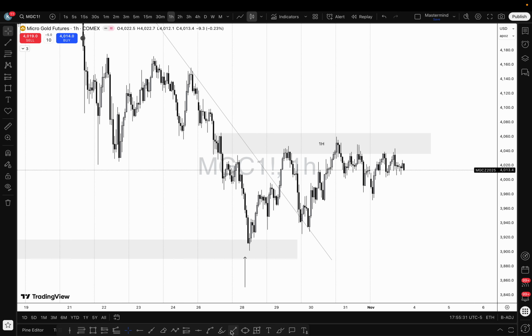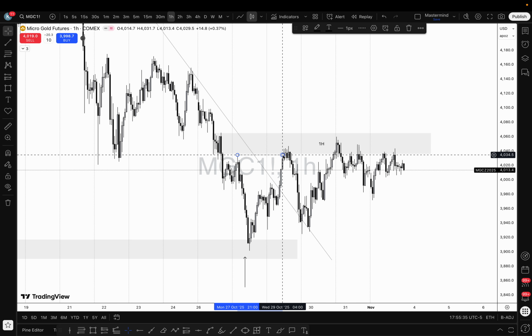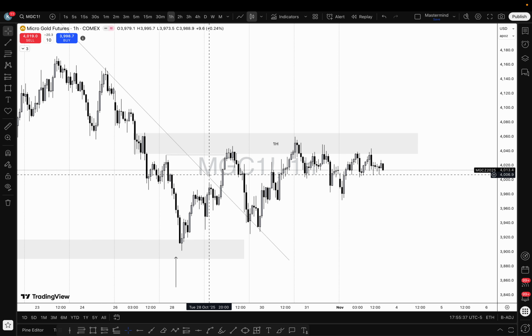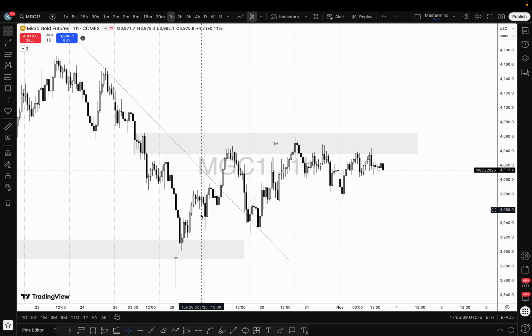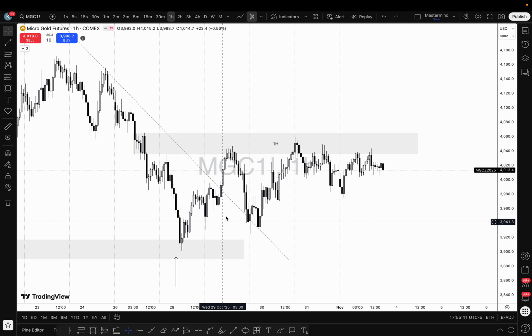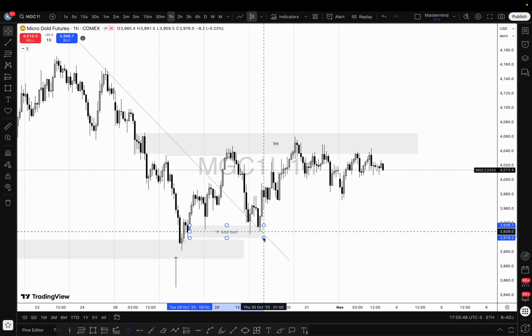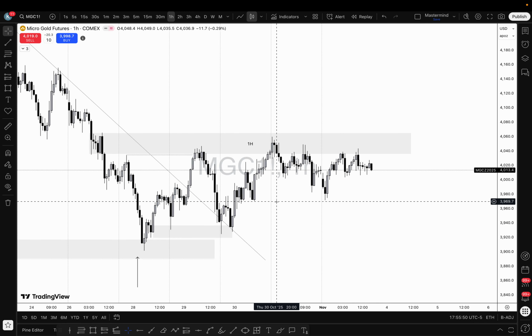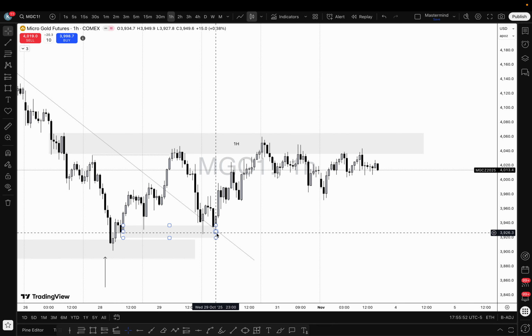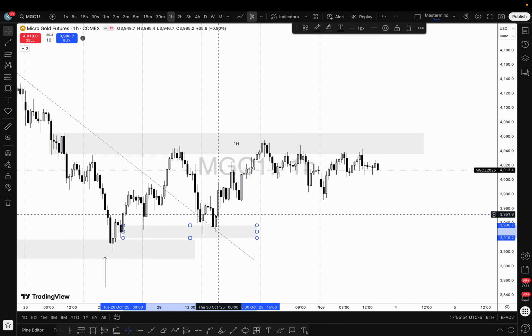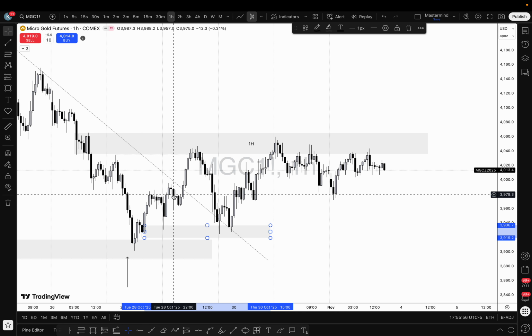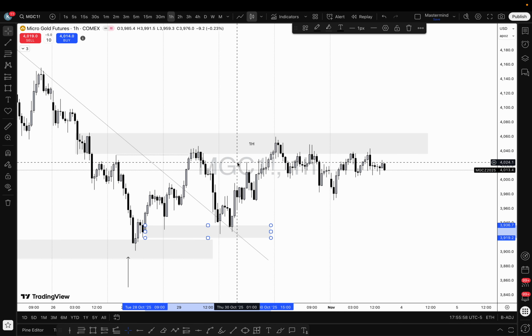This was the last zone to be removed. Who removed that zone? It would be around this area. This would be the 1 hour zone, but it was removed.